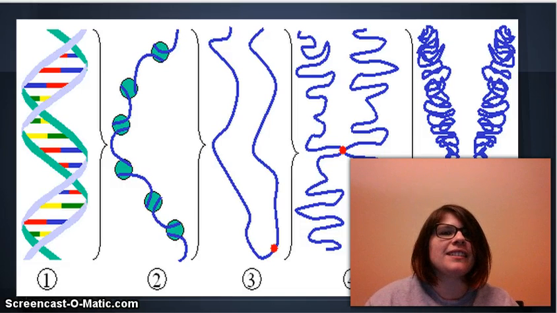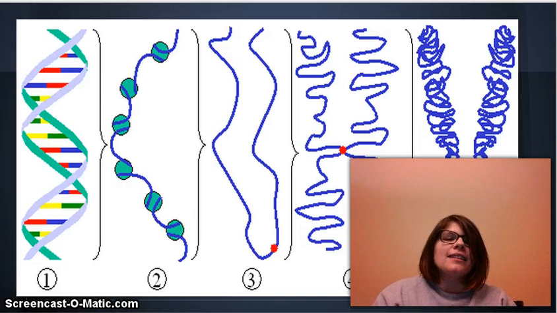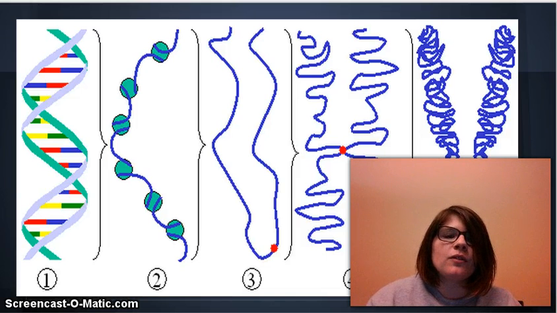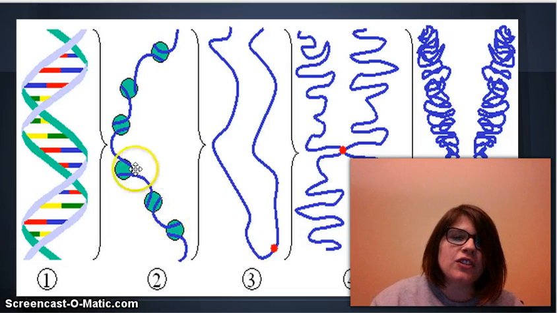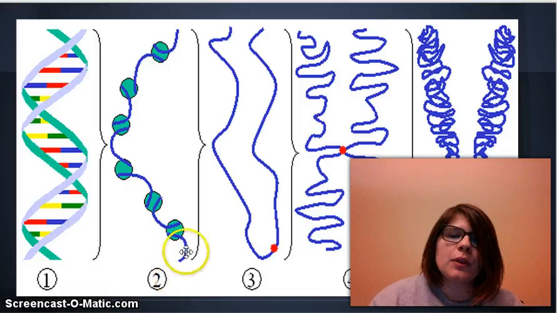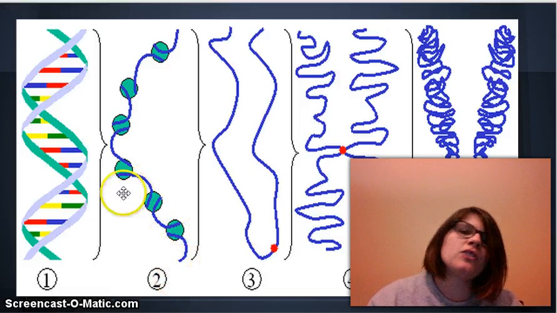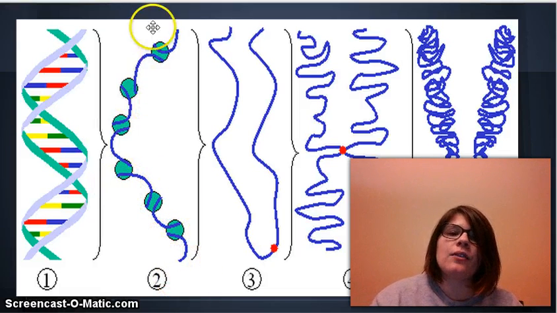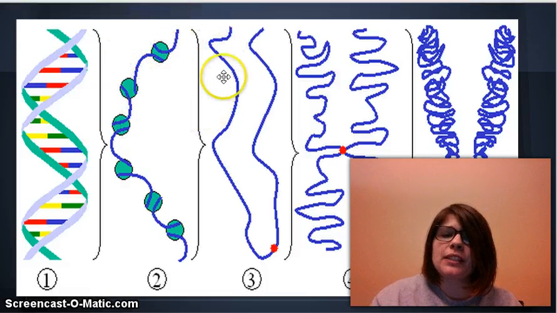If you don't, it's a double helix. DNA molecules are wrapped around the proteins that you can see in number 2. So if you look at these turquoise balls here, well, those are proteins, and the blue is our DNA, and we're just wrapping that around our proteins there.